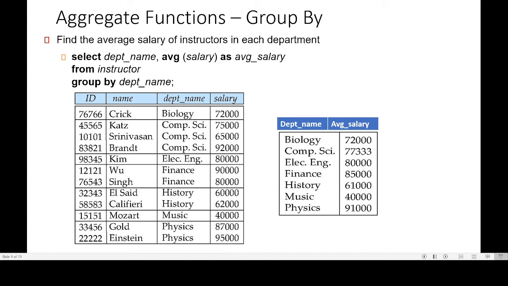In the select statement we gave department name and average salary, so only those two columns are displayed in the output. This average salary is department wise. Computer science average salary is 77,333, which we get when we take the average of these three rows. Similarly for all other departments. So we have found the average salary of instructors in each department.